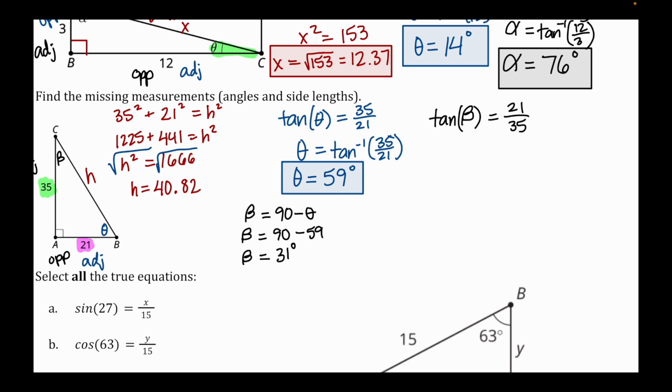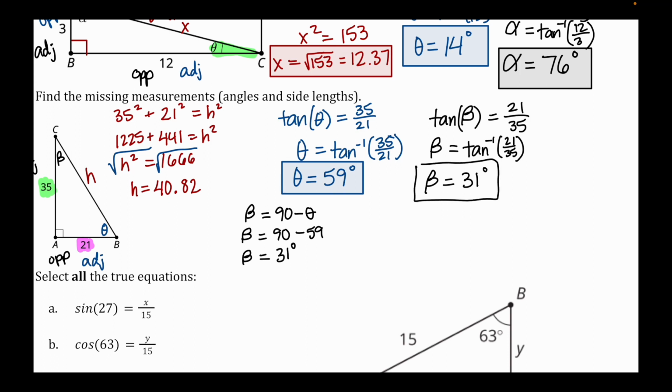We're still going to do inverse tangent of both sides. That's going to remove the regular tangent here on the left and leave us with beta equal to inverse tangent of 21 over 35. And when we plug that in a calculator, we should get 31, but I'm going to verify. 21 over 35. And yeah, you get 30.96. So we would round that up to 31 degrees because it is so close to that whole number.